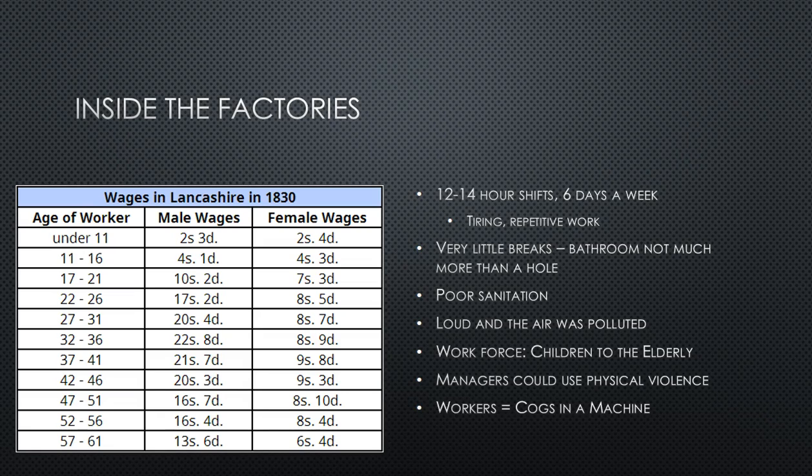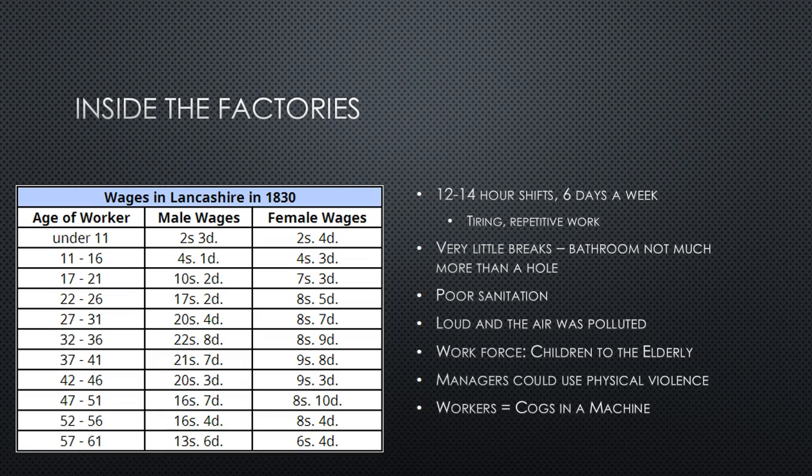And obviously the women earning much less, that would be a lot harder for them to support. So really, you needed your family members to all contribute, because the men made an okay wage, and everybody else really did not.